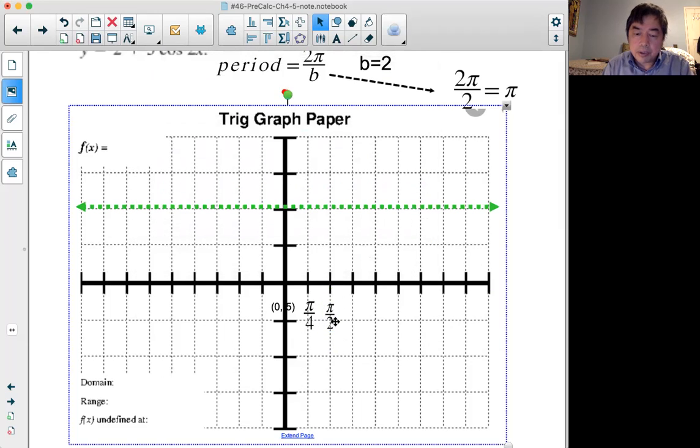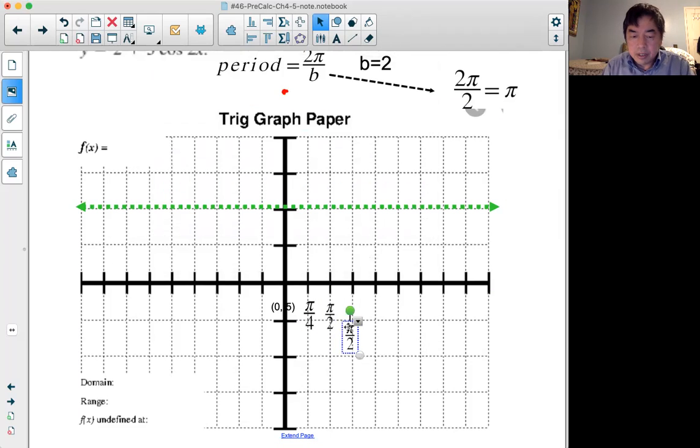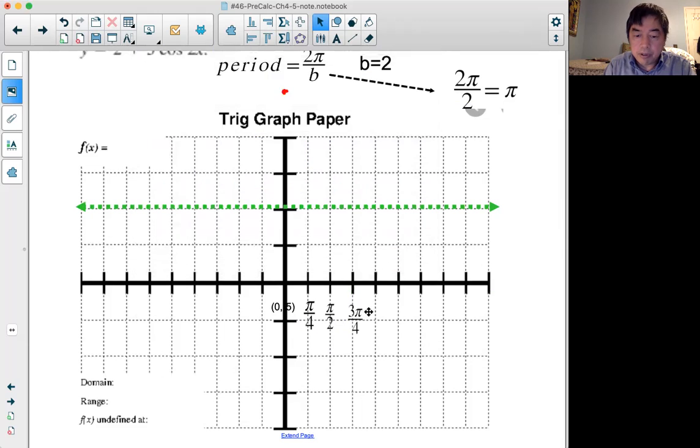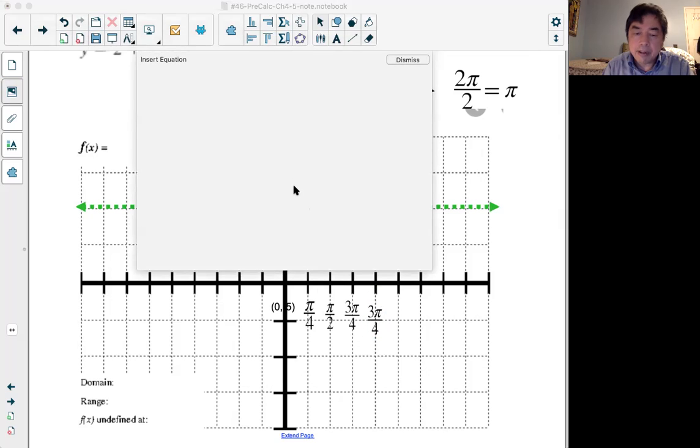And now it's 3 pi over 4, right? And the last number is pi. So that's how I divide pi by 4.